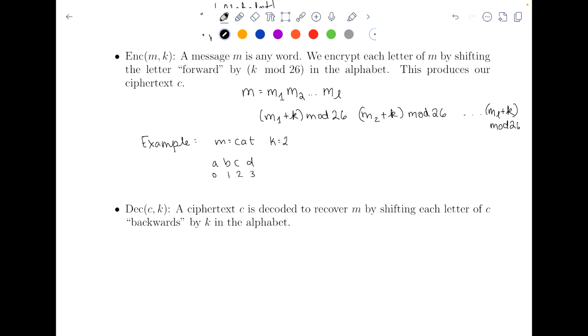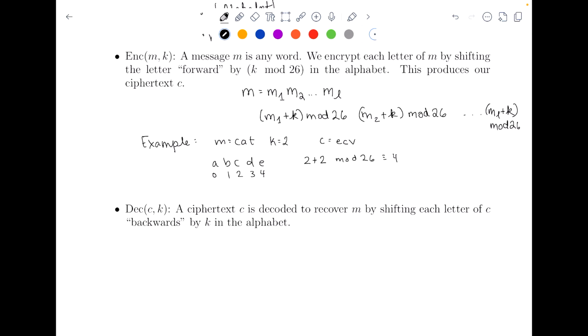And so C plus 2 is 2 plus 2 mod 26, which is equivalent to 4. And 4 is going to be E. So the encryption for this one, cat with K equal to 2, is going to be E, C, V, going letter by letter.